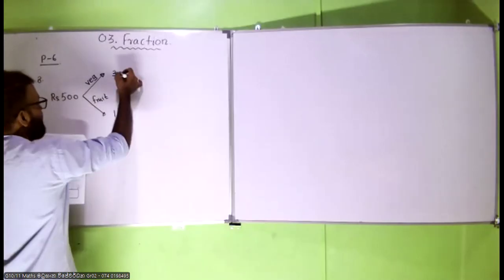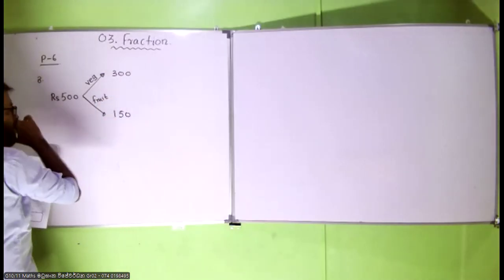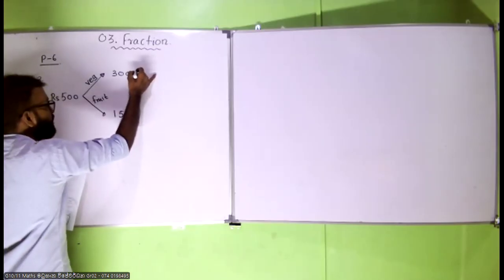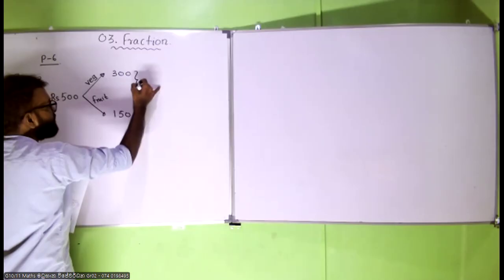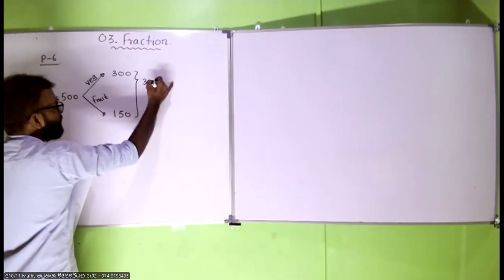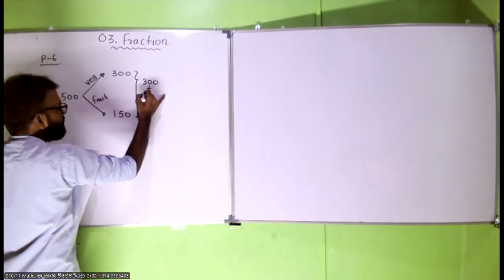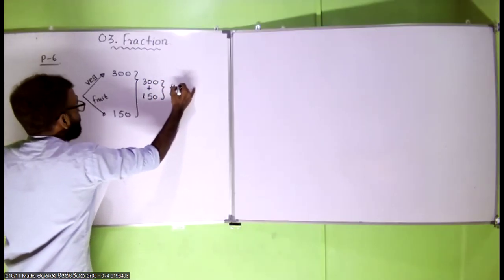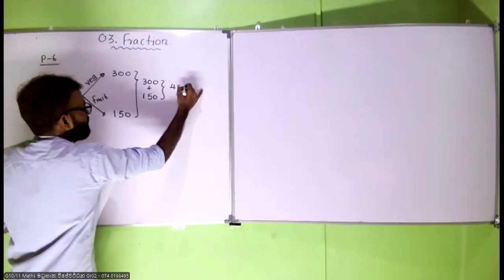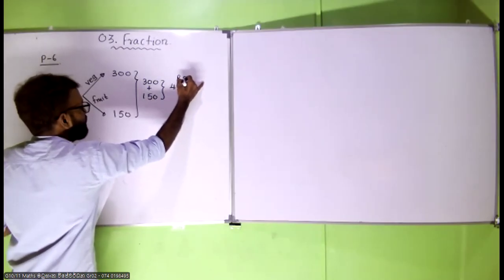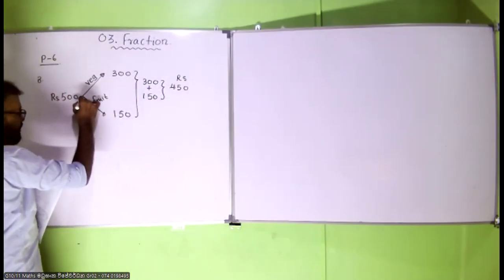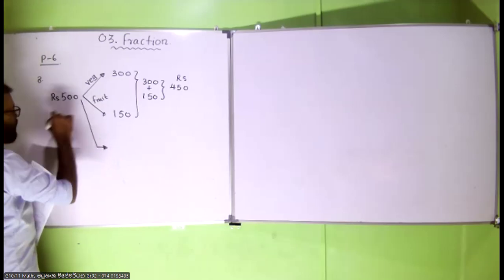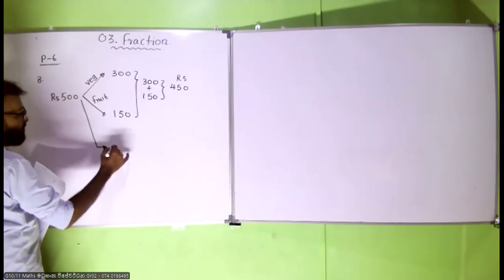Okay. Right? 300 for vegetables, 150 for fruit. So you need to know all together. We have just spent 300 plus 150 on buying vegetables and fruit together. That is 450 rupees. Then what is remaining? In hand, she had earlier 500 rupees.